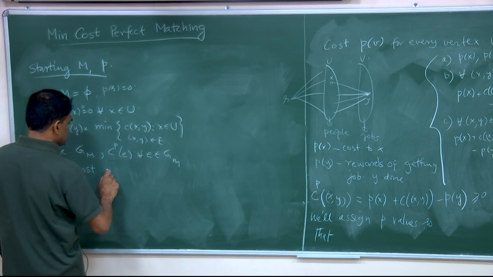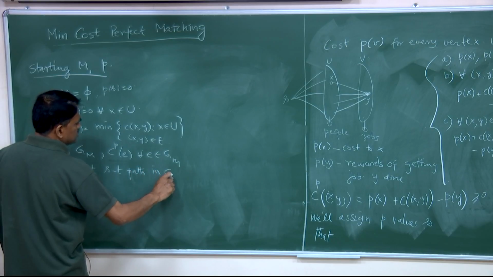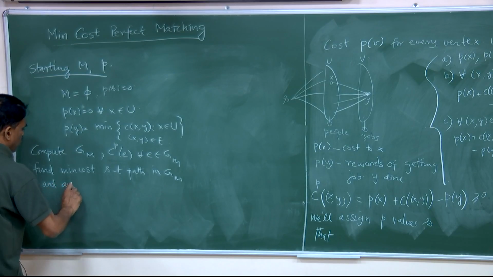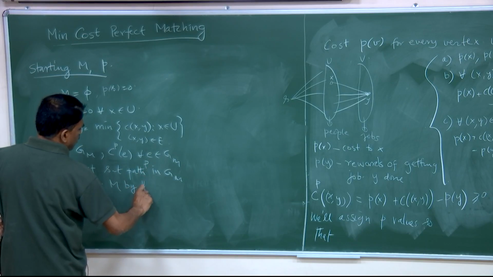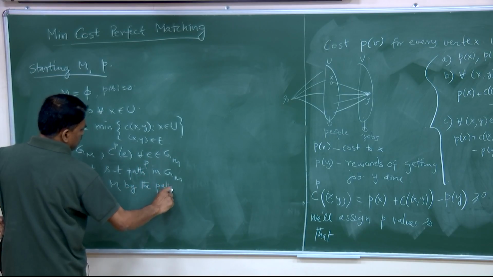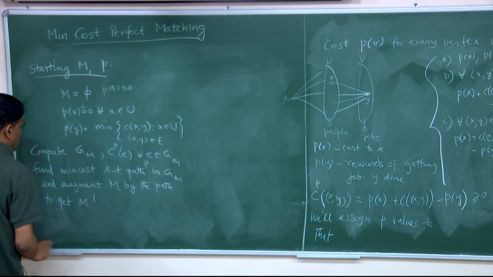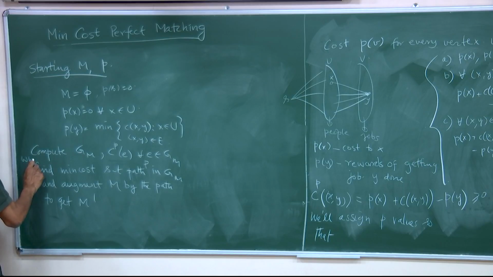Find min cost ST path in G_M and augment M by the path to get M prime, while there exists an ST path.